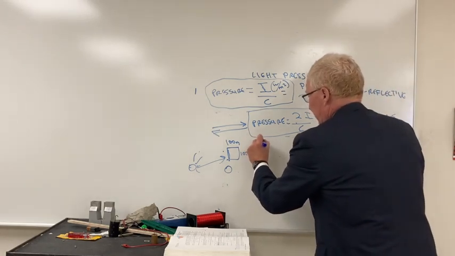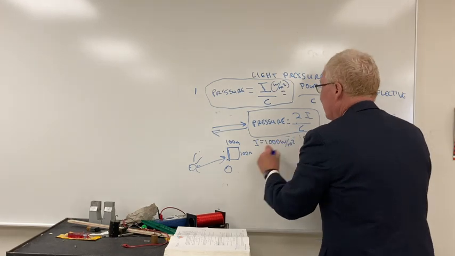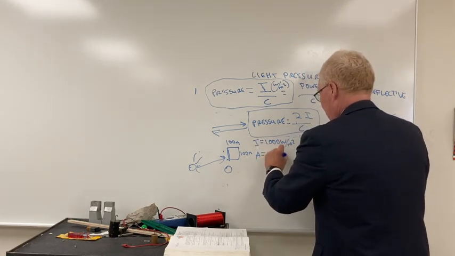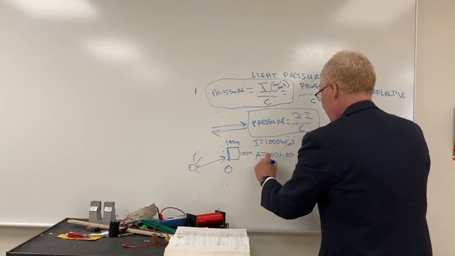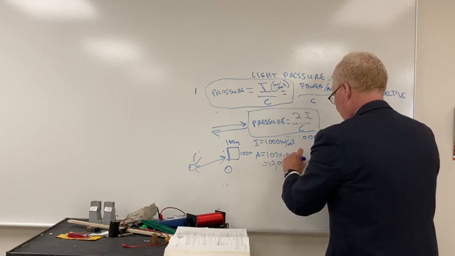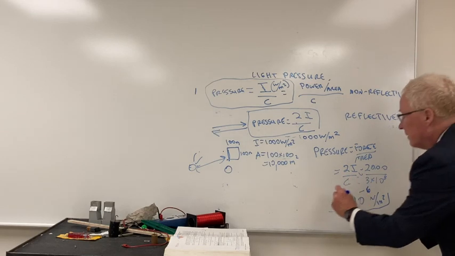So again, I is 1,000 watts per meter squared. This area will be 100 times 100, which is 10,000 meters squared.